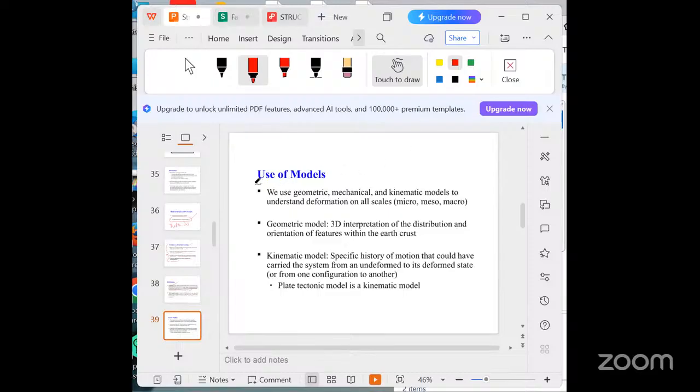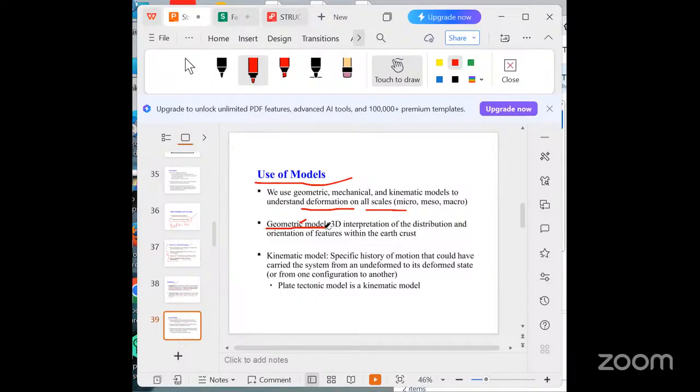So now, use of models. We use geometric, mechanical and kinematic models to understand deformation on all scales, meaning micro, meso and macro levels. Geometric models mean 3D interpretation of the distribution and orientation of features within the earth crust.